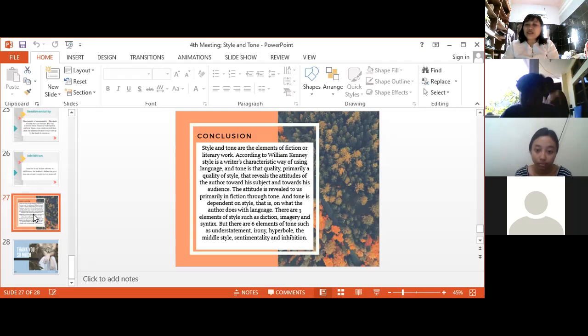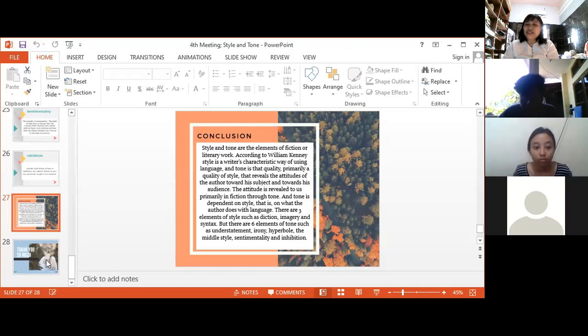The attitude is revealed to us primarily in fiction through tone, and tone is dependent on style. That is, on what the author does with language. There are three elements of style such as diction, imagery, and syntax, but there are six elements of tone such as understatement, irony, hyperbole, the middle style, sentimentality, and inhibition.